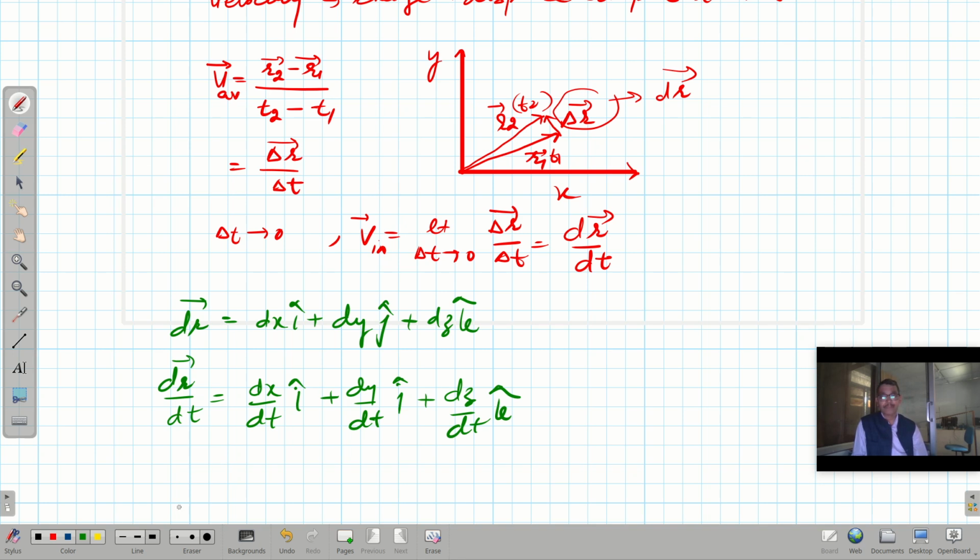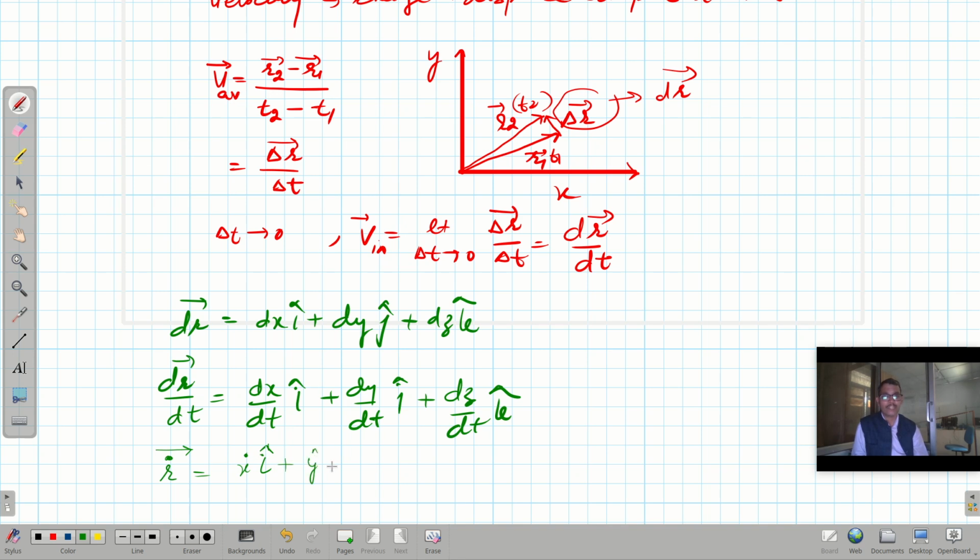Then how can this be written? In short notation, this can be written as r dot equals x dot i cap plus y dot j cap plus z dot k cap. Dot means that when I put a dot over a variable, I am talking about the time derivative. We will use this notation later on.